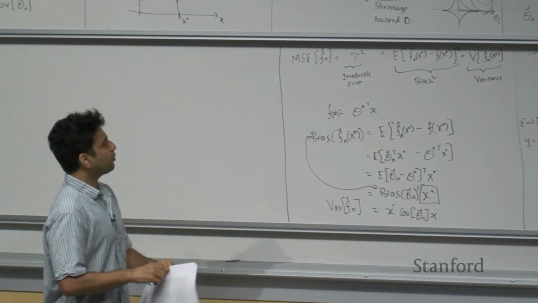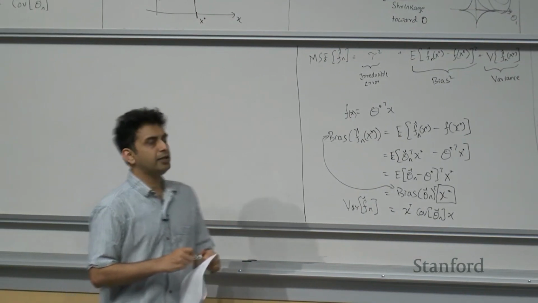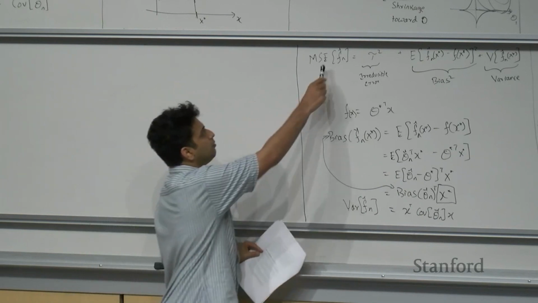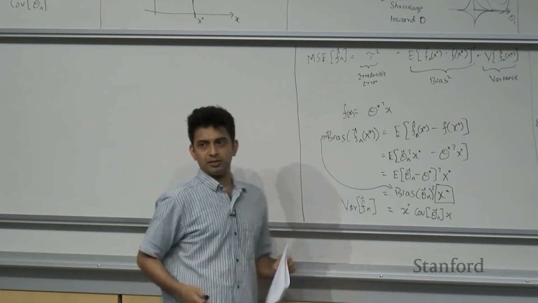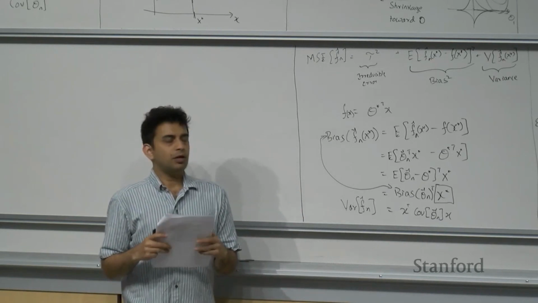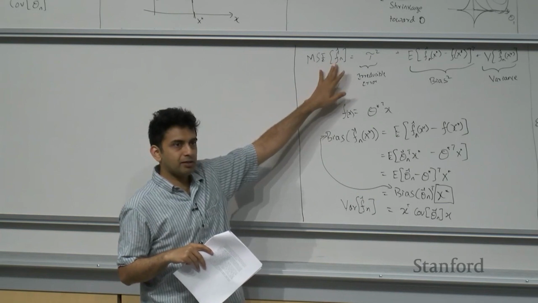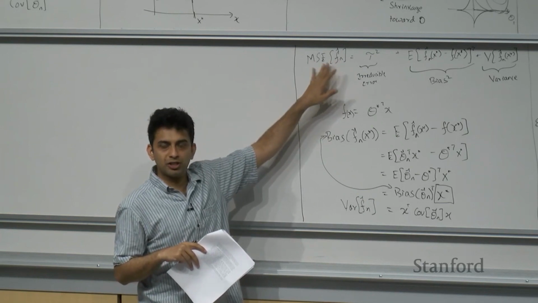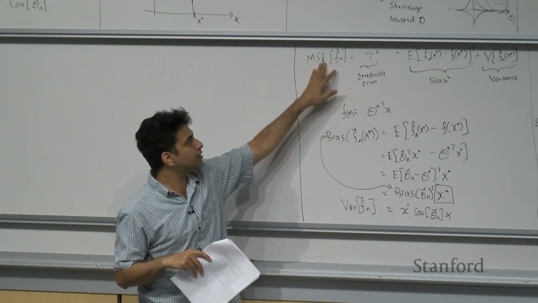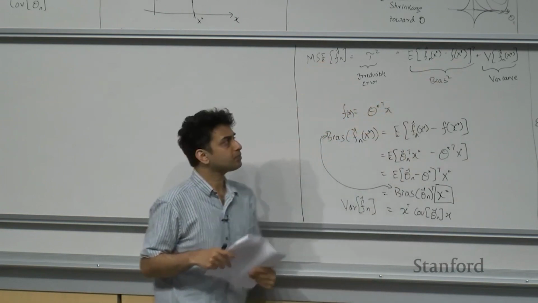So in general, what we care about is we want to minimize the squared error on future predictions. In machine learning, that's our goal. We want to have an estimator or a predictor that has very low generalization error. Generalization error is how well we perform on unseen examples.